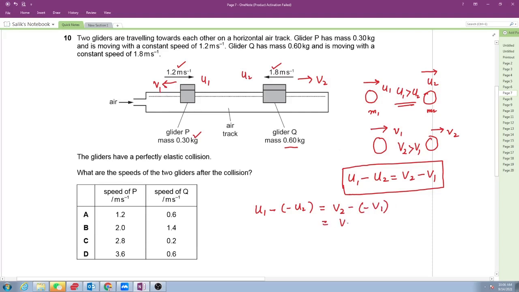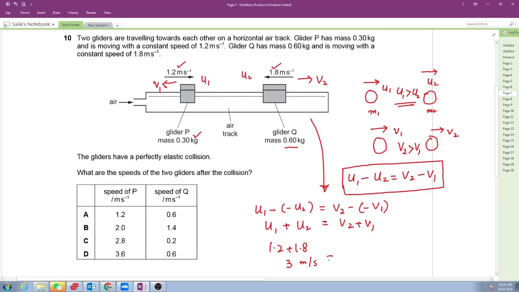So we can write it as v2 plus v1, and this becomes u1 plus u2. This is your equation for this particular question. You can see u1 plus u2 is 1.2 plus 1.8, which comes to 3 meters per second, the combined one.